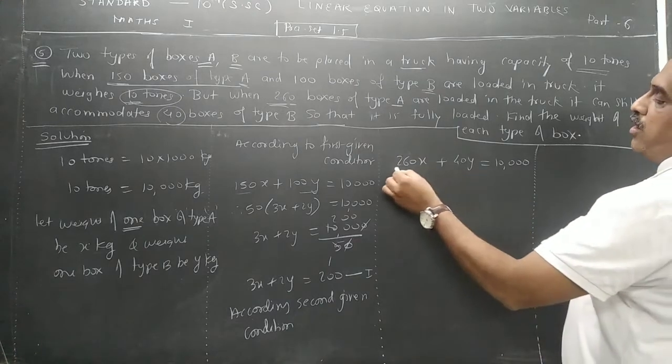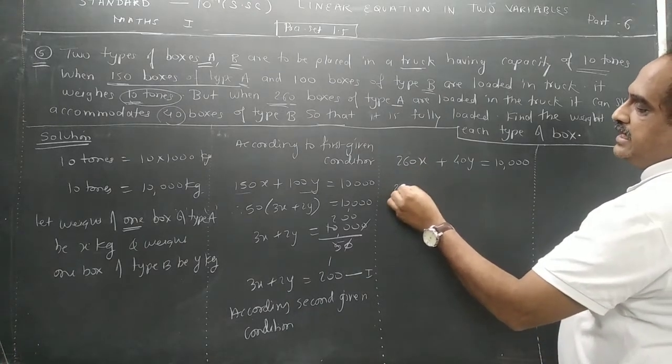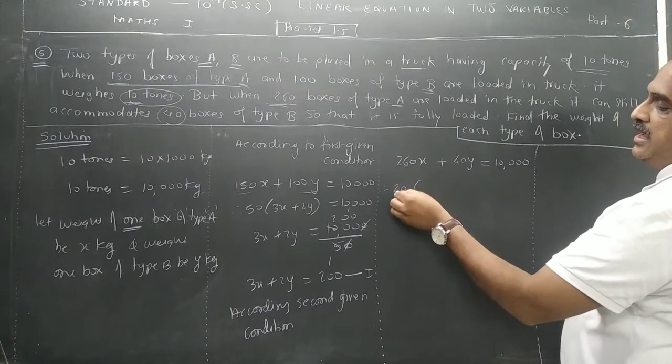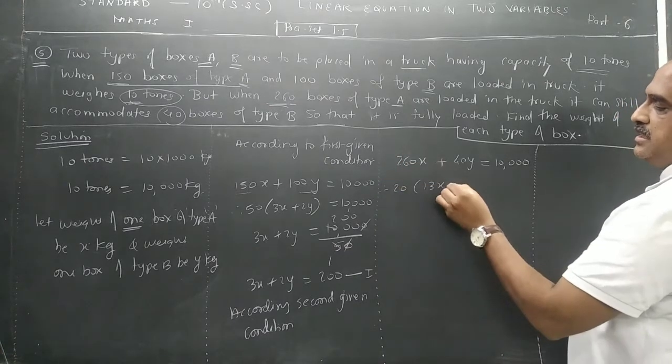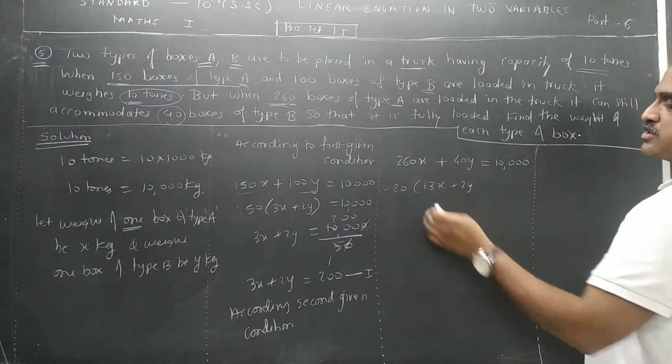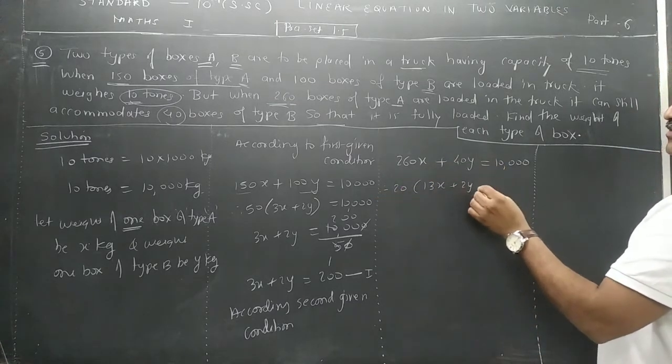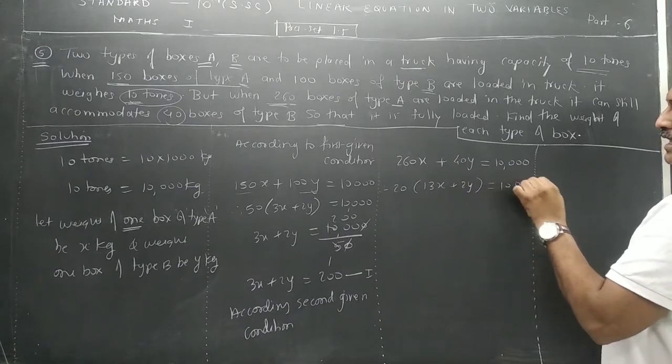Now again, what number should I take common? I think here suitable is 20. तो 0 तो बाहर गया. It becomes 13x plus 2y, 0 is also out, or 2 twos are 4, is equal to 10,000.